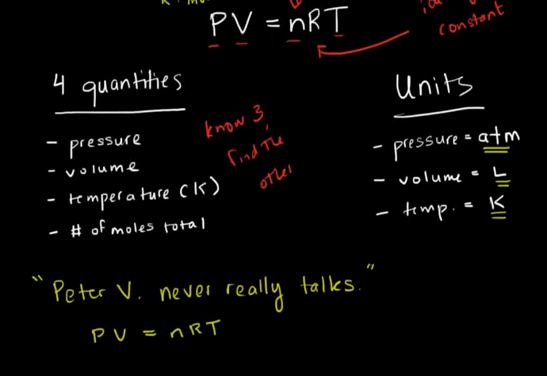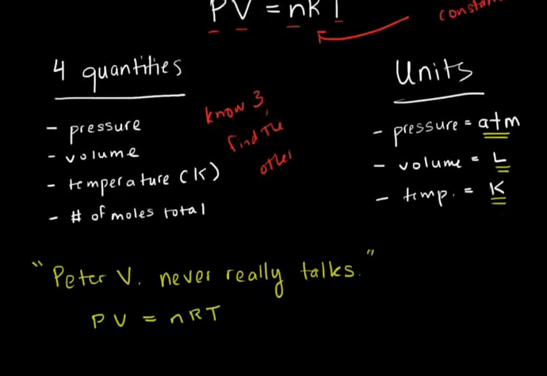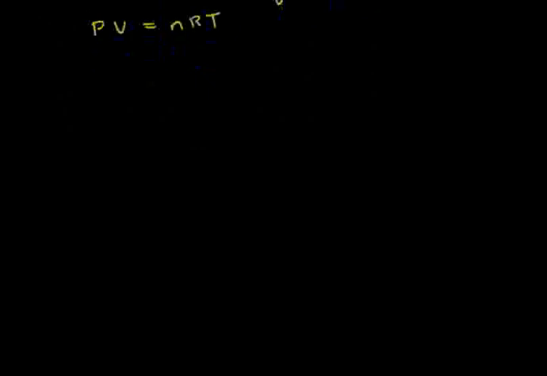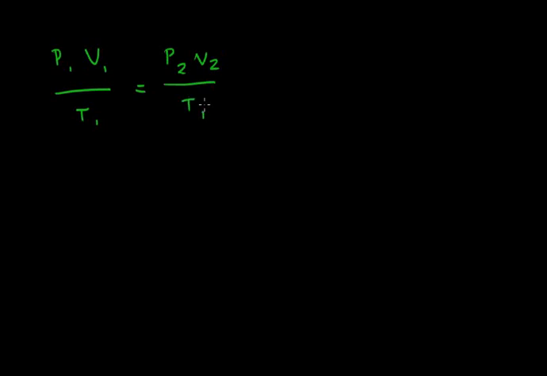You're going to want to memorize the ideal gas law. But you may be saying, where the heck does the ideal gas law come from? Well, we've looked at the combined gas law in previous videos, and so maybe we can use that as a jumping off point. We know that the combined gas law says something like this: P1 times V1 over T1 is equal to P2 times V2 over T2. Another way of stating the combined gas law is that pressure times volume divided by temperature is equal to some constant value.